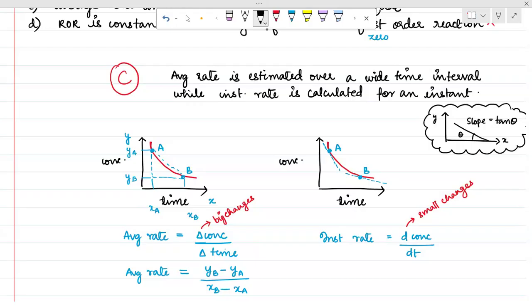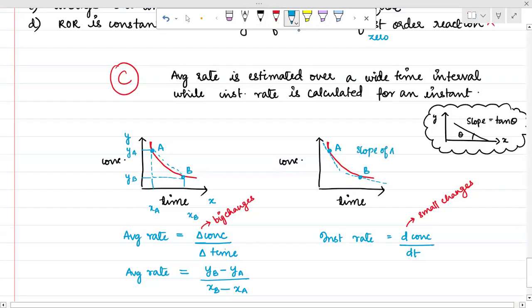Okay. So in the graph that I have drawn over here, is the rate at point A equal to the rate at point B? You can see that the slope of A and slope of B are not equal.